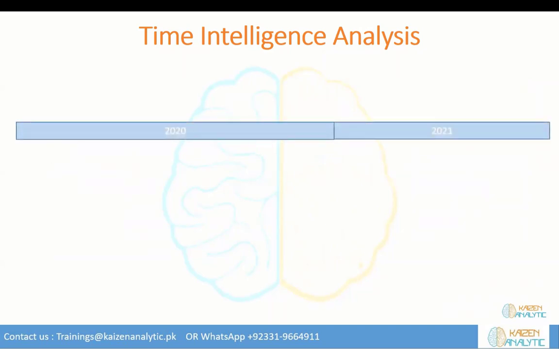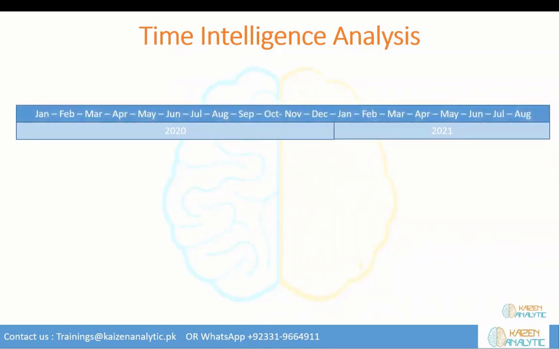So let's take 2 years, 2021, which is the current year, and 2020, which is last year. Let's break down into months: 12 months of 2020 and these 8 months of our current 2021.